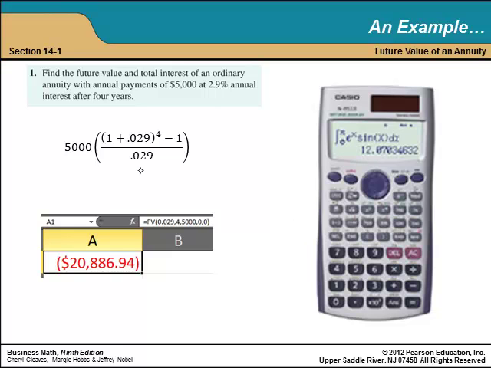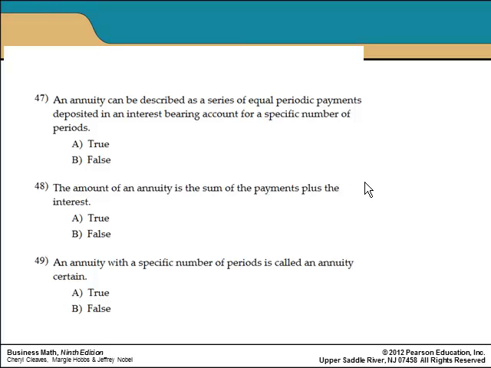Same thing. Now we've got 2.9%, and it's annual payments, so it's going to be just 4 payments of $5,000, which gives you $886.94.